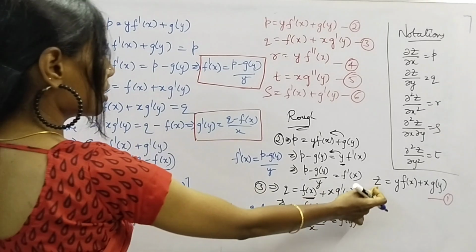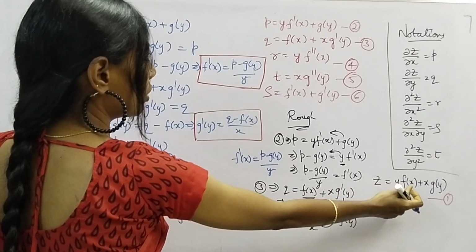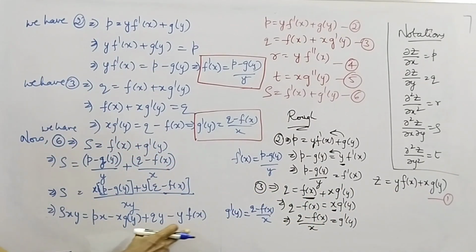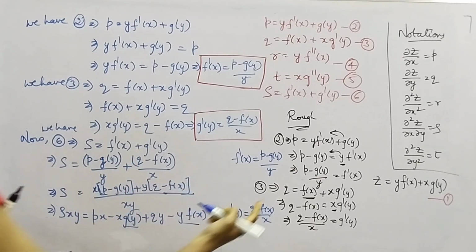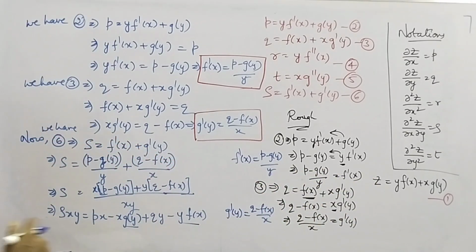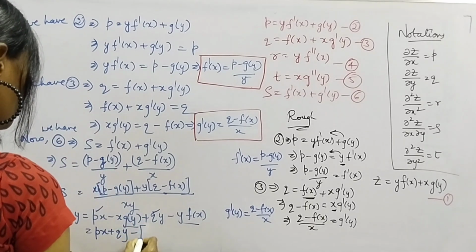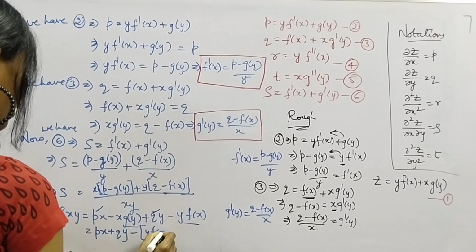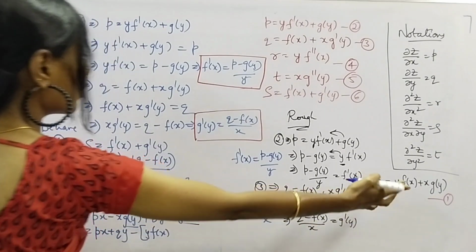See, we're having x into g of y minus y into f of x. We have observed that z equals y into f of x plus x into g of y, right? So if we take minus common from these two terms, we can replace the resulting term with z. I wrote these two terms first. Now I'll take minus common from these two terms, minus of y into f of x, because here y into f of x comes first.